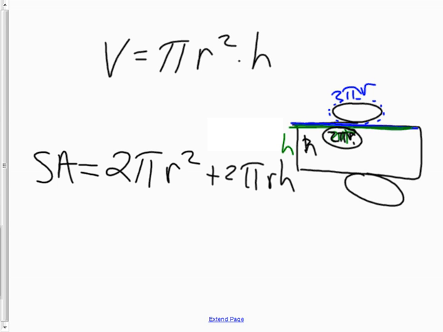Now, I want you to draw a can and label it based on what I'm about to tell you. This particular can is 3 times as tall as its radius. 3 times as tall as its radius.